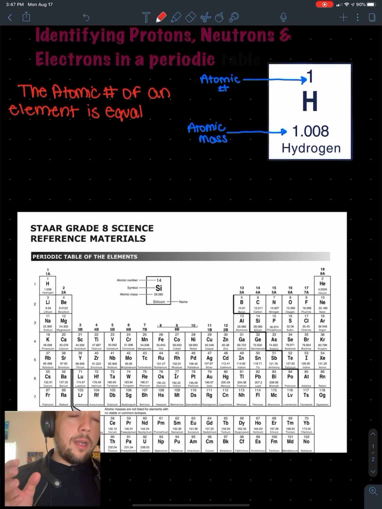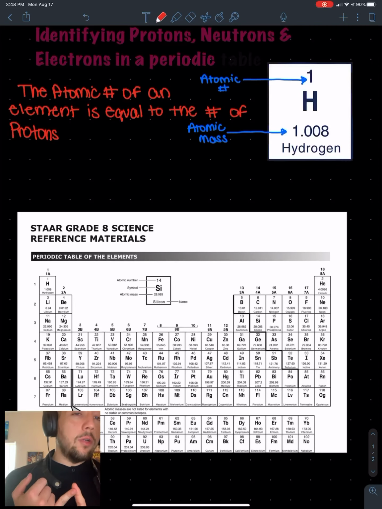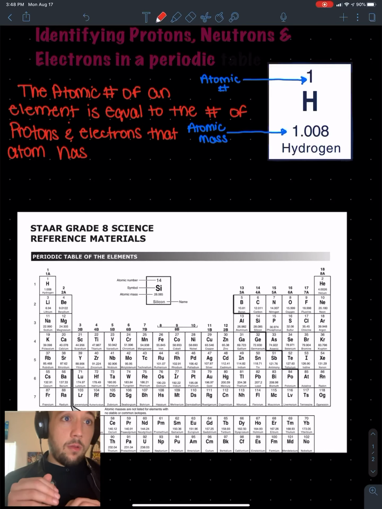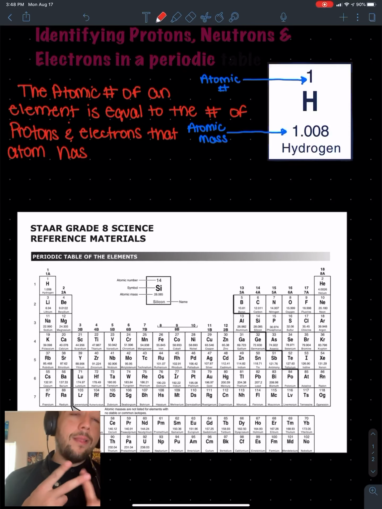When you look at an atomic number, it can tell you the number of protons, and it'll also tell you the number of electrons, which is very important whenever we're drawing Bohr models. Again, atomic number tells you the number of protons and the number of electrons.